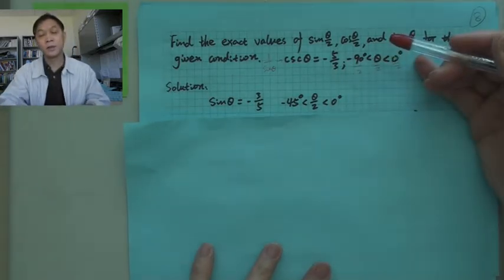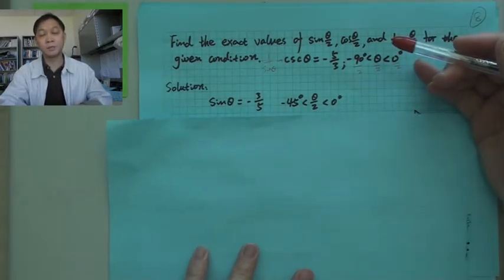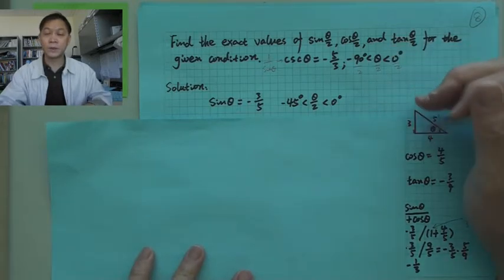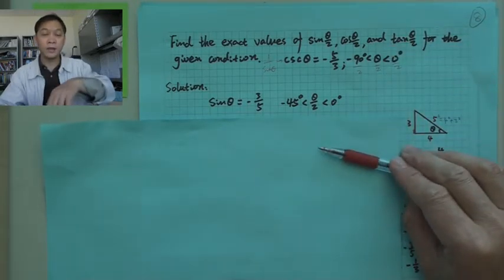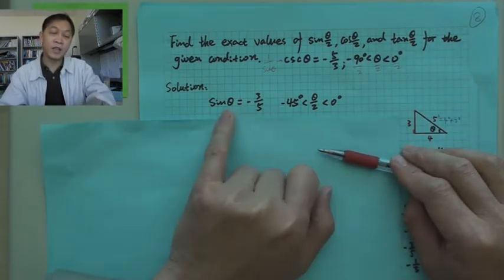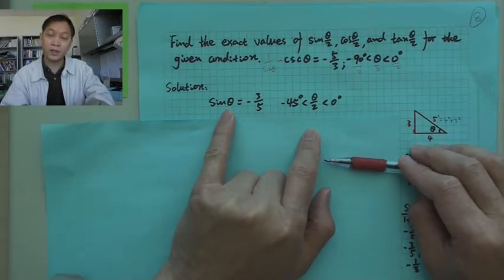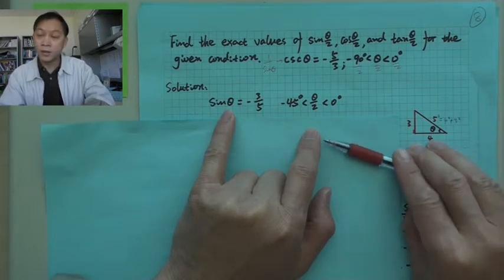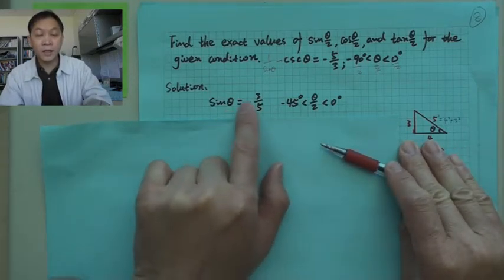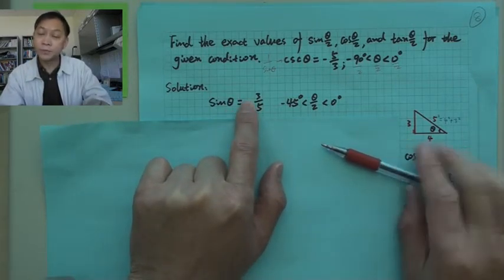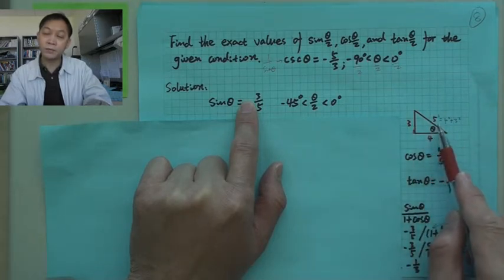Okay? So we got to figure out sine, cosine. Sine is figured out already, so we need cosine and tangent. Now, sine is 3 over 5.